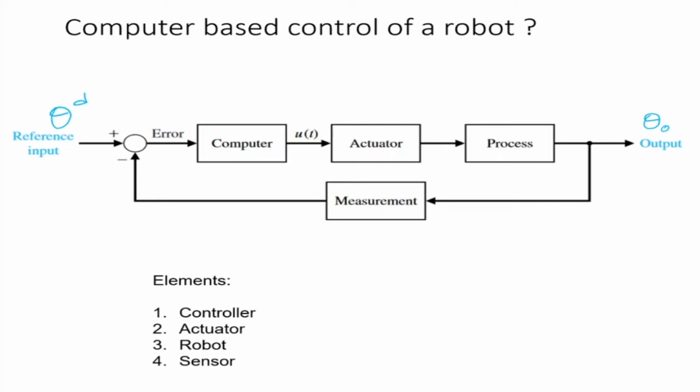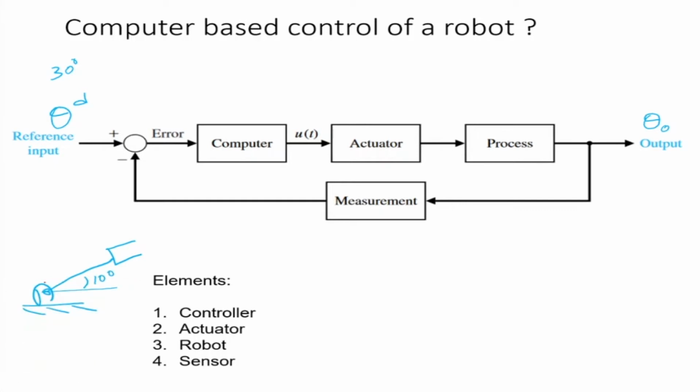Let's say the reference input is I want to move 30 degrees. Let me take this example here, which will be easier to understand. So here is my robot. It's a single link. Now it is at, let's say, 10 degrees, just for example, and I want to move it to 30 degrees.